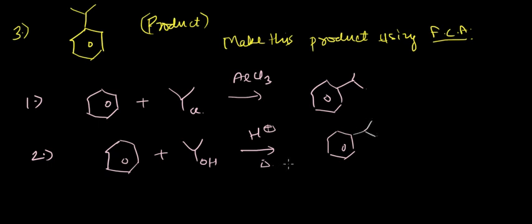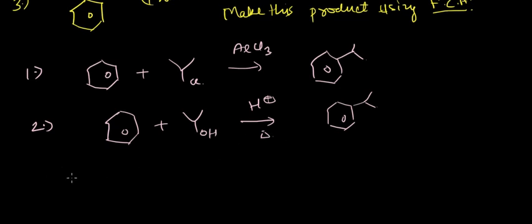Okay, so are these the only two methods? No, there can be many, or there can be something else also. So we can actually have something like this as well.